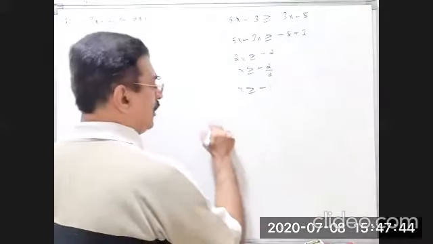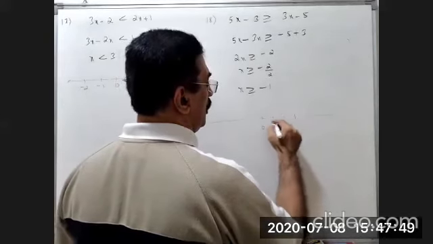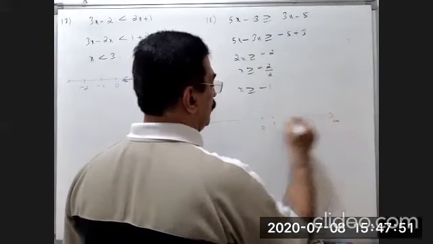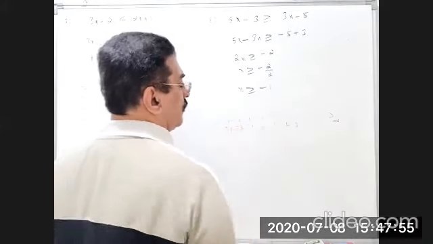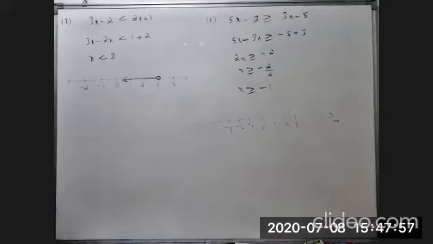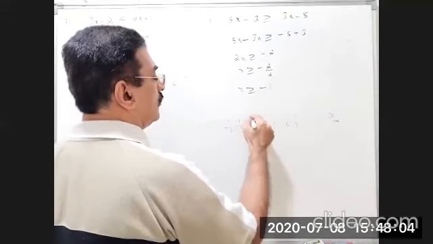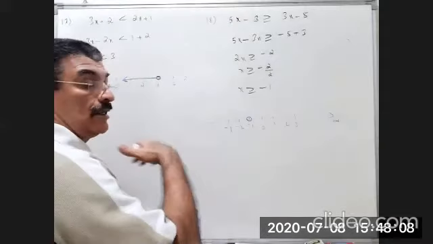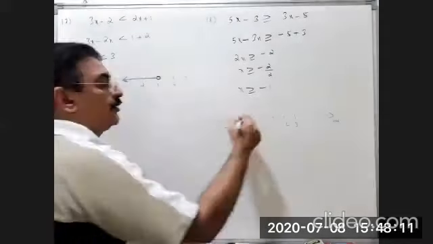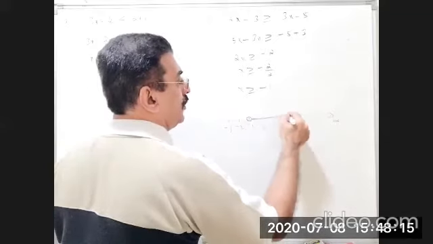On the number line: 0, 1, 2, 3, infinity, minus 1, minus 2. X is greater than or equal to minus 1, so it is towards the right of minus 1.